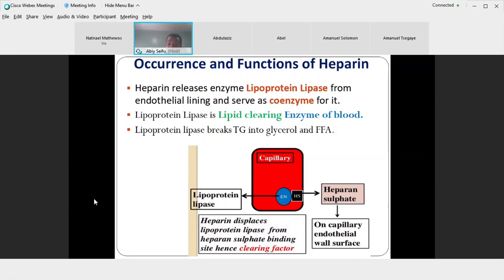The presence of heparin displaces lipoprotein lipase from heparan sulfate. Once lipoprotein lipase is free, it can do its own function by clearing triacylglycerols from the blood. Hence, its role is what? To break triacylglycerol to form glycerol and free fatty acids.